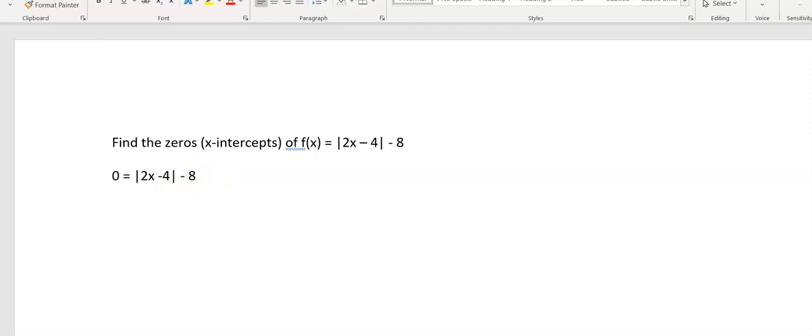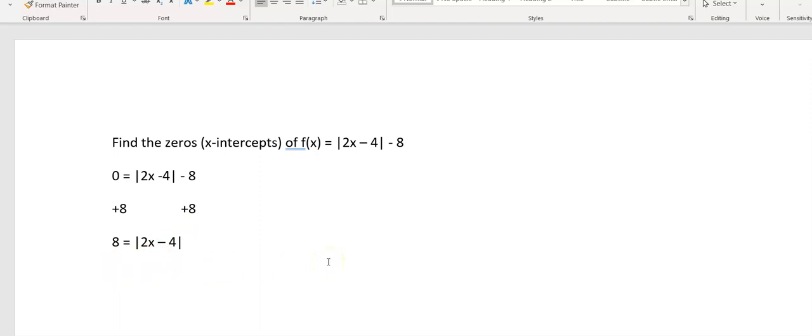So let's add 8 to both sides, both the side with 0 and this right side. So on the side with 0, I now have an 8, and on the right side, I now have just the absolute value portion.